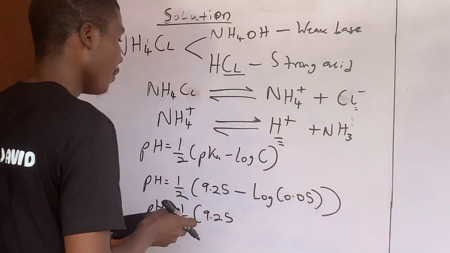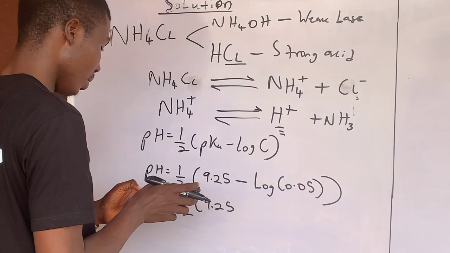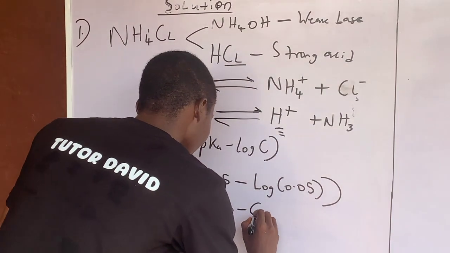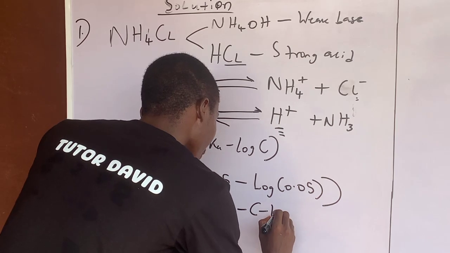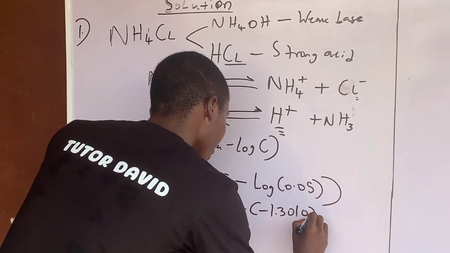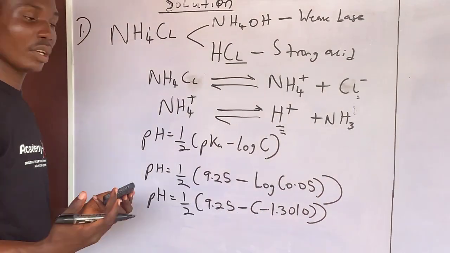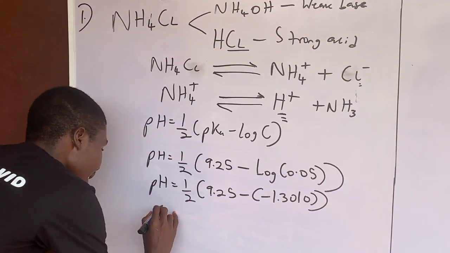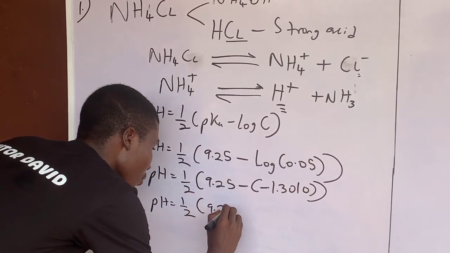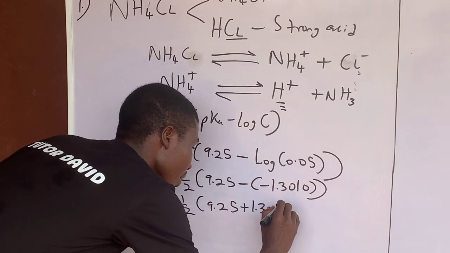If we do log 0.05, we are going to have minus 1.3010. In mathematics, minus times minus gives us plus. So our pH is equal to 1/2 (9.25 plus 1.3010).